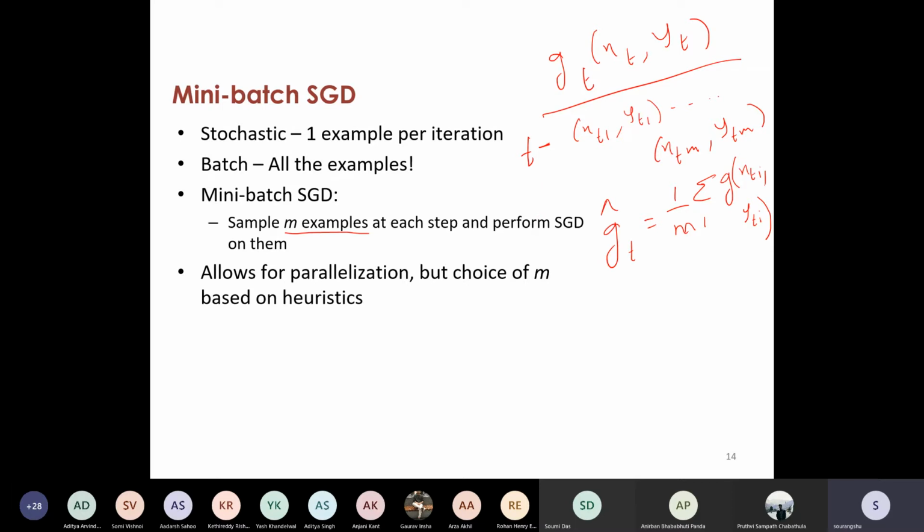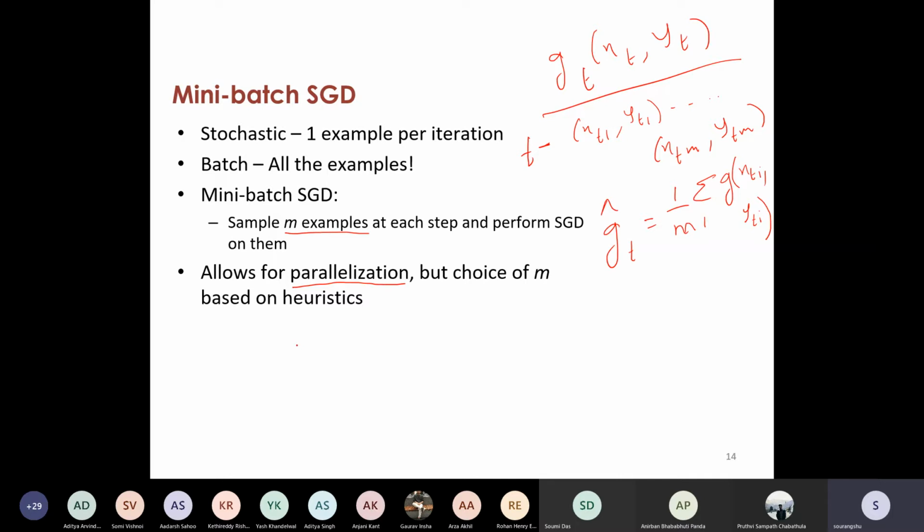This also has another advantage that it allows for some kind of parallelization. You may have a system with many cores, for example many GPUs.